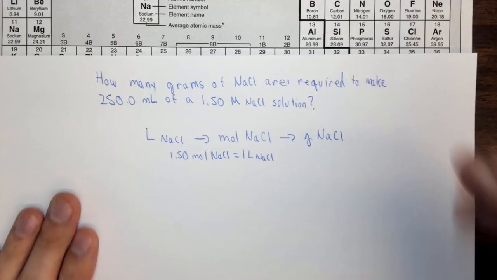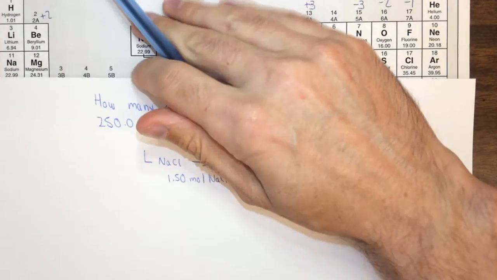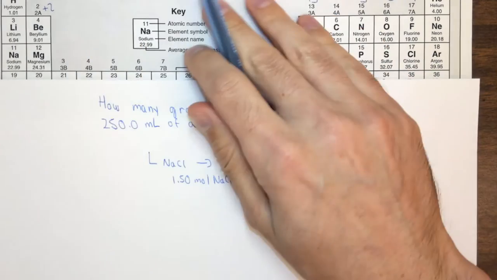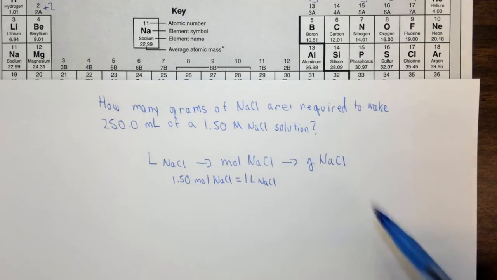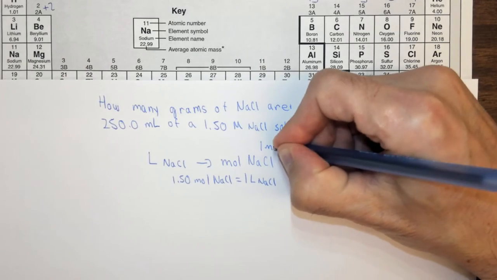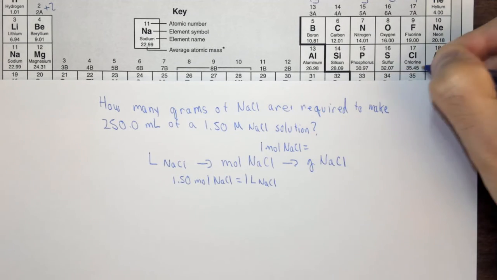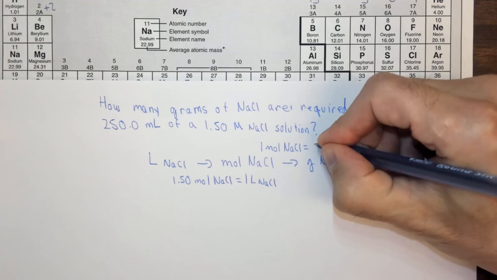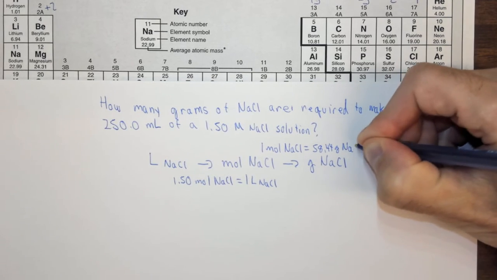For moles of NaCl to grams of NaCl, we use the periodic table. Na is 22.99, Cl is 35.45. So 1 mole of NaCl equals 22.99 plus 35.45, which is 58.44 grams of NaCl.